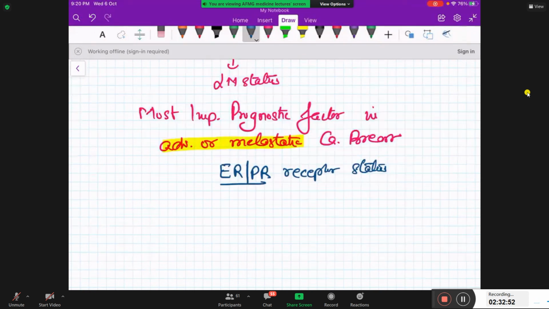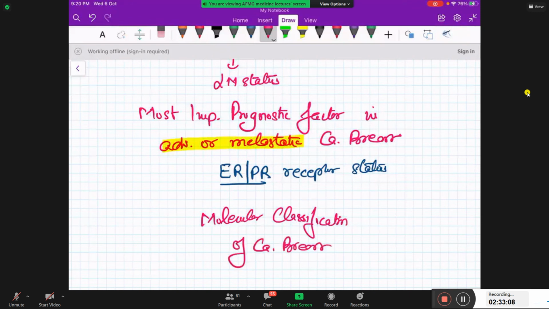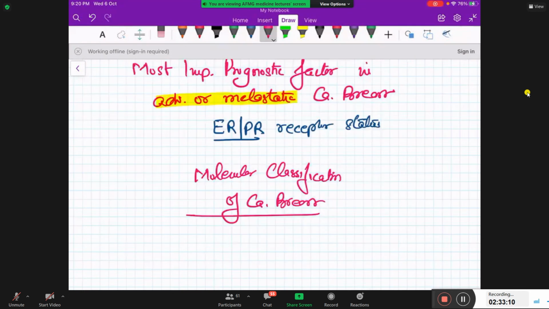And then you should also know this latest molecular classification of carcinoma breast.